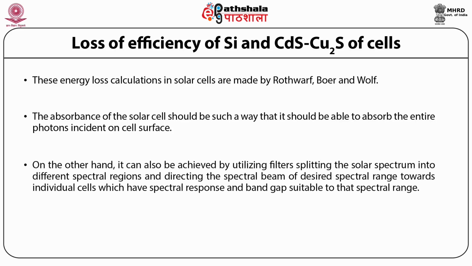On the other hand, it can also be achieved by utilizing filters, splitting the solar spectrum into different spectral regions and directing the spectral beam of the desired spectral range towards the individual cells whose band gap is suitable to that spectral range.